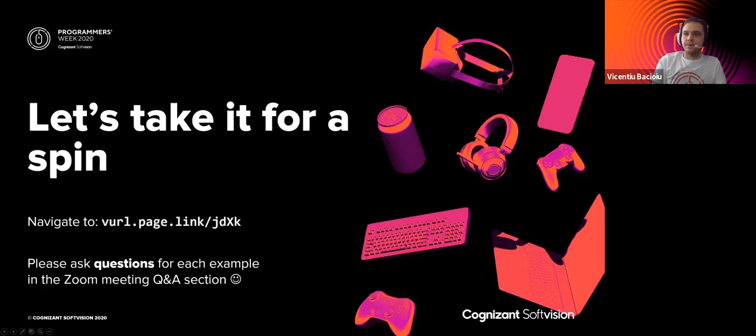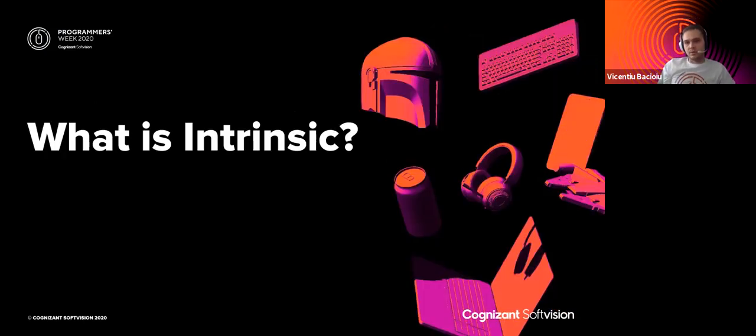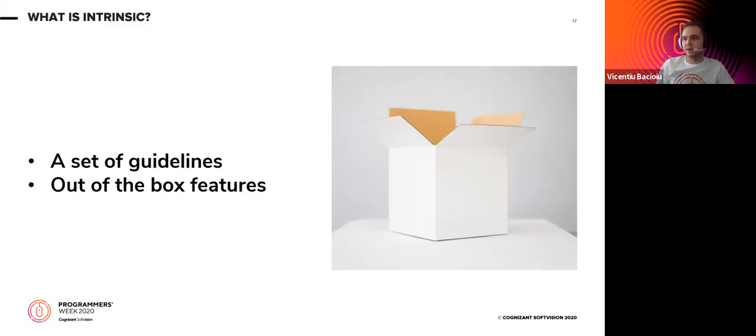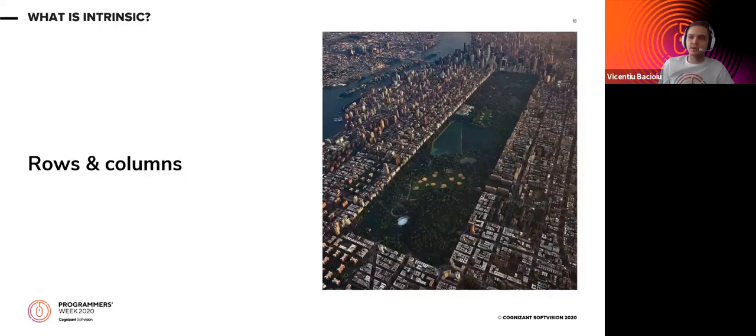Okay, so now I can answer what is intrinsic. It's basically a set of guidelines where you can use out-of-the-box features. It contains rows and columns.